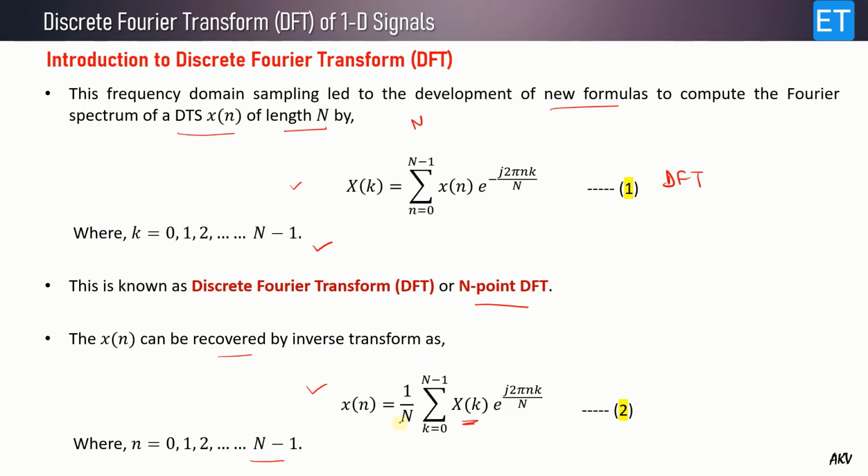Here you can see that the DFT and IDFT equations are almost the same. The summations and multiplications are equal in these two equations. Only the exponential is changing: here you get the minus sign and here you get the plus sign.